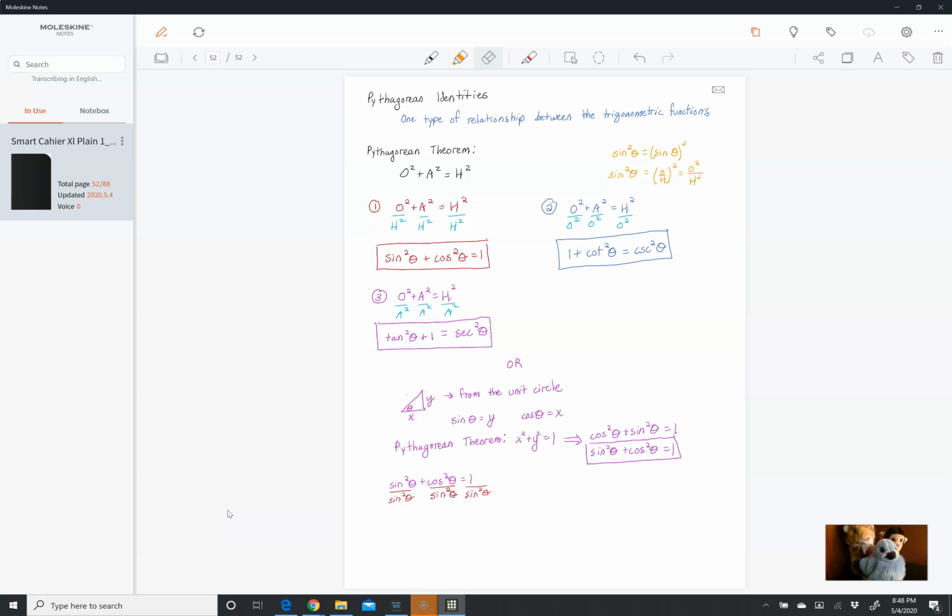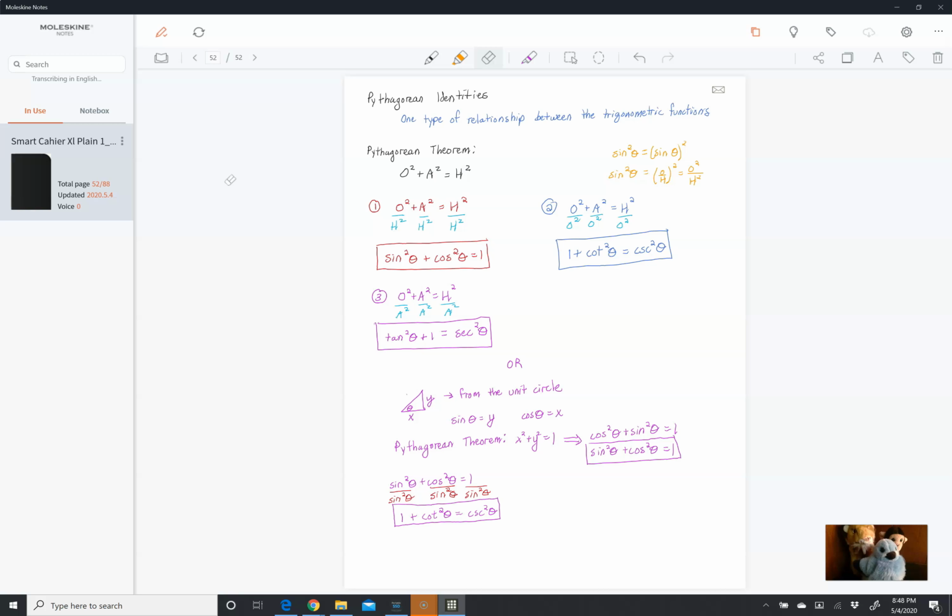It's the same definition, but we're saying, okay, sine squared over sine squared plus cosine squared over sine squared is equal to 1 over sine squared. Cosine squared over sine squared we know is equal to cotangent squared. And 1 over sine squared is cosecant squared, right? The reciprocal of sine is cosecant. So we're just using those definitions.